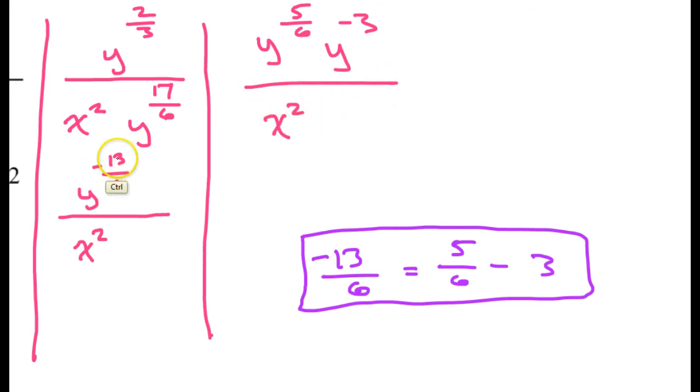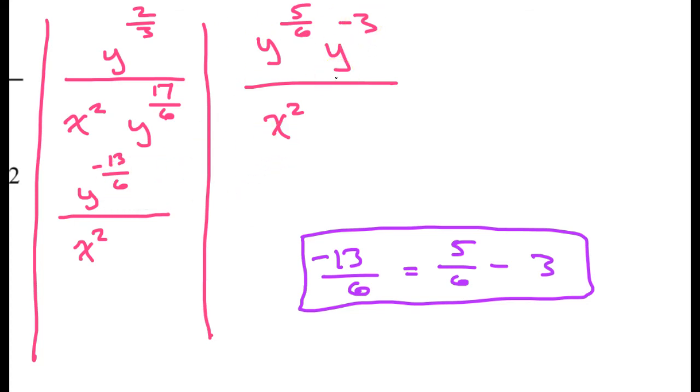Wouldn't this numerator be the same as this numerator? Because when you multiply these two together, you would add the exponents. If I do 5/6 minus 3, I know that's the same thing as negative 13 over 6. So if I multiply these together, I would get this. So this is a valid substitution.